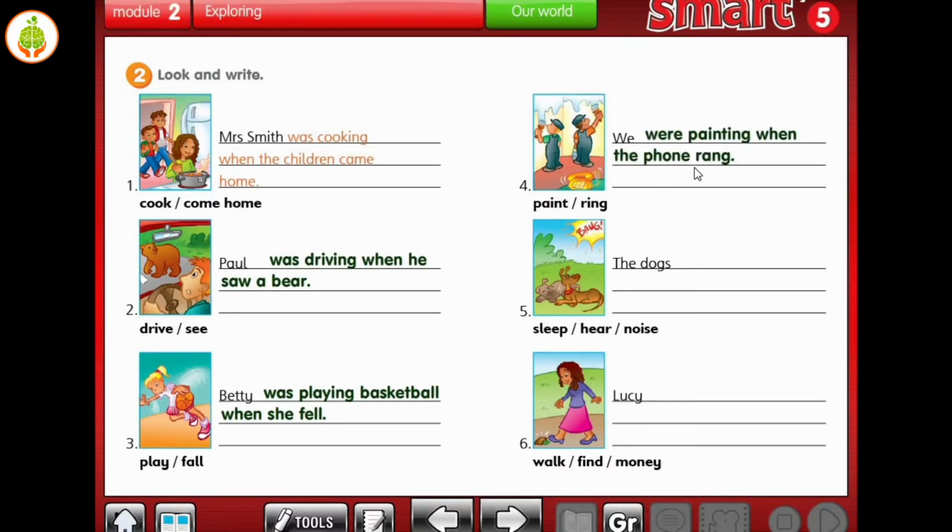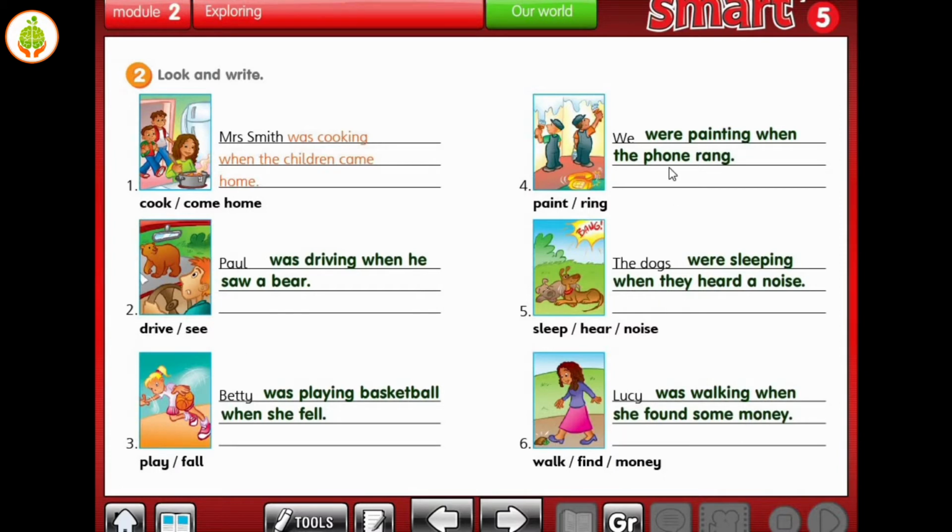When the phone rang. Number 5. The dogs sleep, hear noise. So the dogs were sleeping when they heard a noise. When they heard a noise. Number 6. Lucy walk, find money. Lucy was walking when she found some money on the floor.